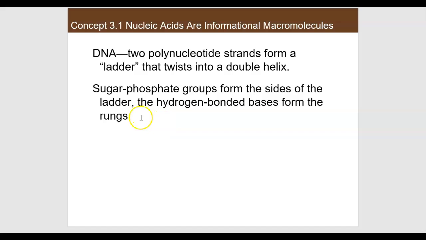And what you see is that the nitrogen bases are the ones in the middle because they're bonding by either 2 hydrogen bonds or 3, and then the outside, if you look at it as if it's a ladder, would be the sugar and the phosphate groups. So they'd be the outside of the rungs. Sorry, not the rungs. They'd be the sides of the ladder where the hydrogen bonds would be the rungs.